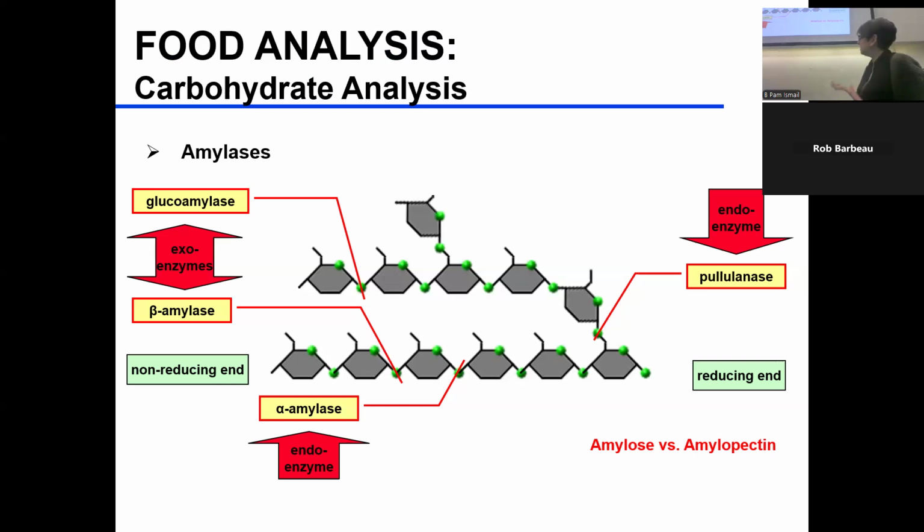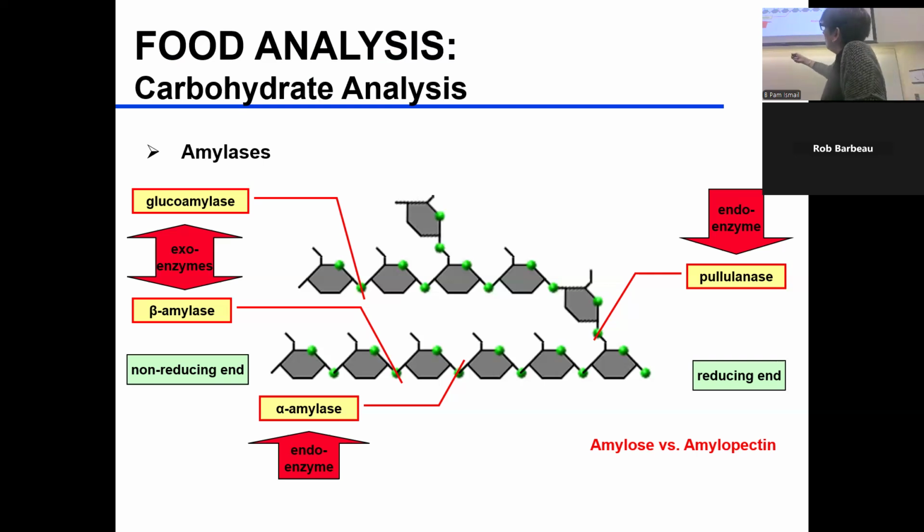The different enzymes are specific to these kinds of glycosidic bonds. Alpha amylase can cut alpha-1,4, and sometimes it can also cut alpha-1,6. Pullulanase, for example, is a very specific enzyme for alpha-1,6, the debranching; another name for it is debranching enzyme.